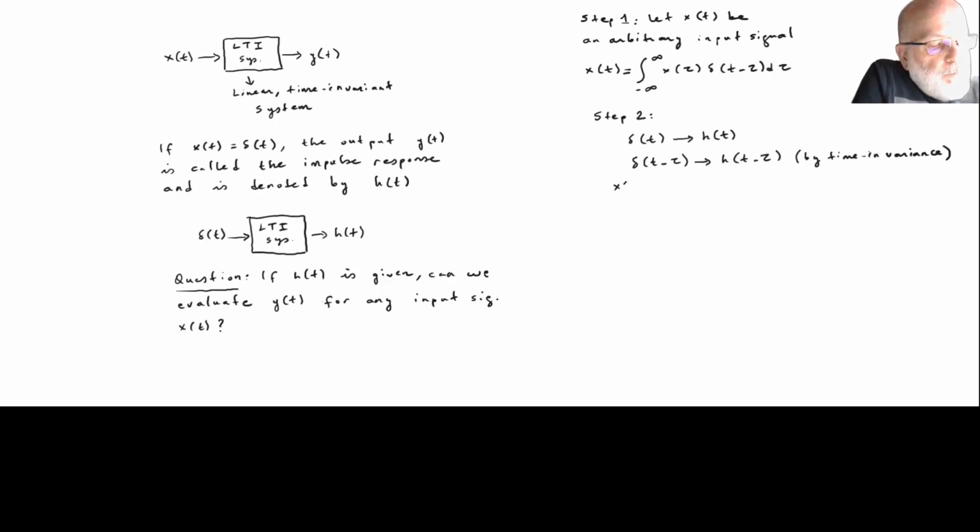And if you multiply the shifted impulse by x of tau, as you see here, t is our variable and tau at the moment is fixed. X of tau, the output will be multiplication by the same constant times delta of t minus tau for fixed tau but variable t. And this is of course by linearity.